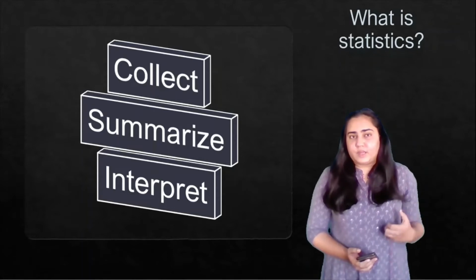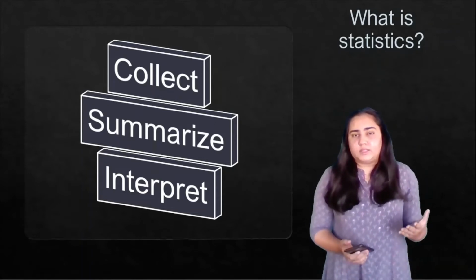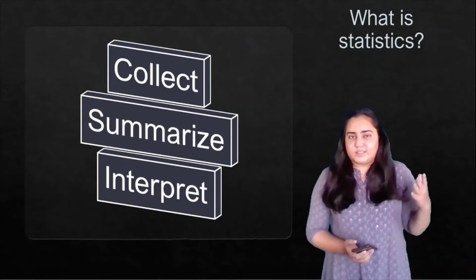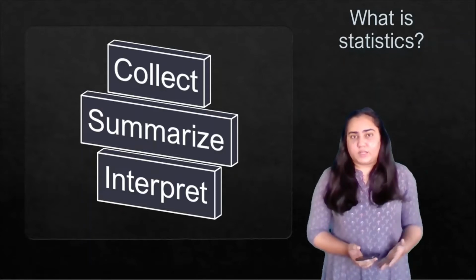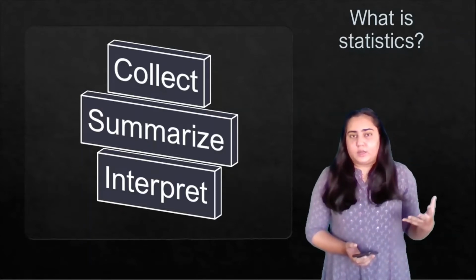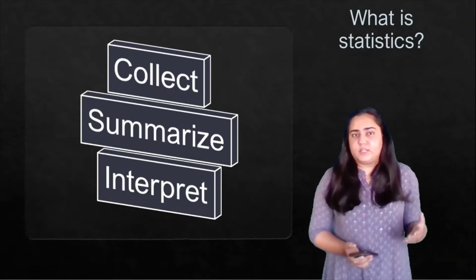And for that, suppose you have a large amount of data, and you cannot really understand that data yet because it is so big. But when you summarize it, by using some techniques, then you basically shorten it.